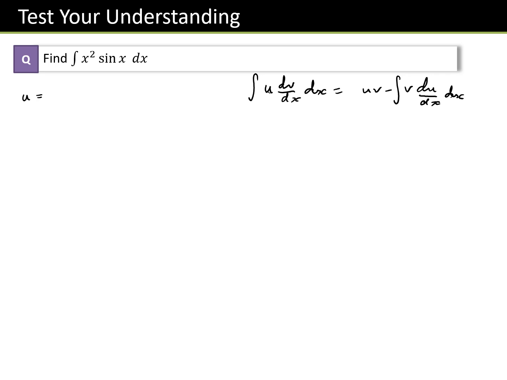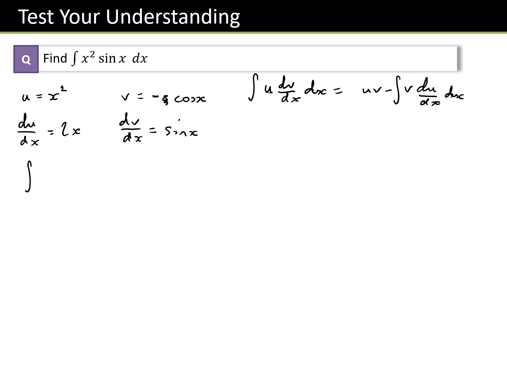Now we want to pick which one's u, which one's dv by dx. So this is sine x, this is x squared. Pick the polynomial term to be your thing you differentiate. So sine x is the one you integrate. So v is minus cos x.